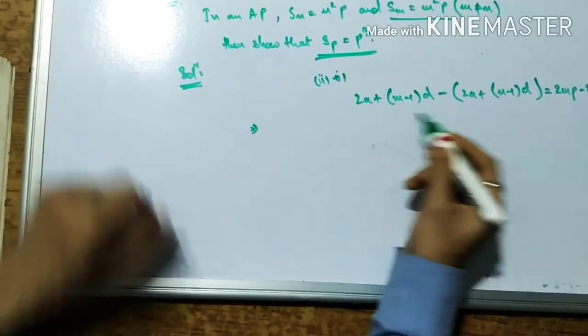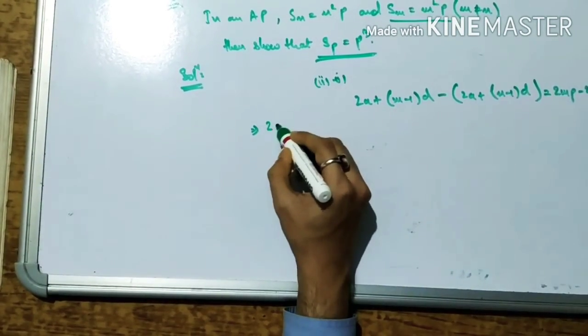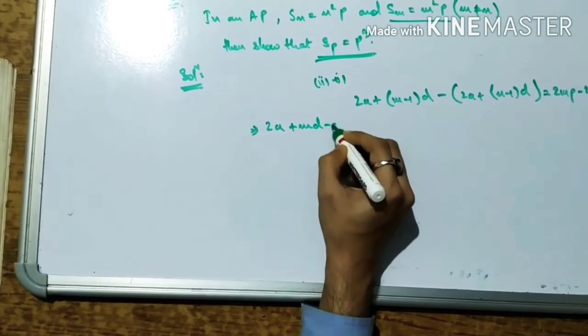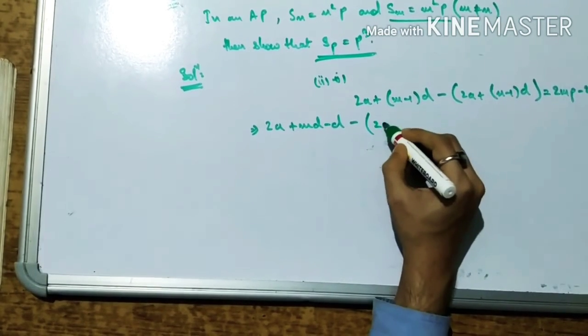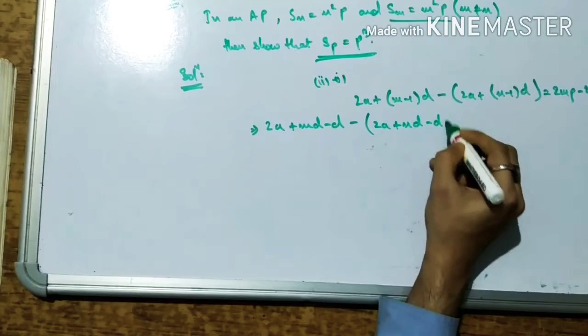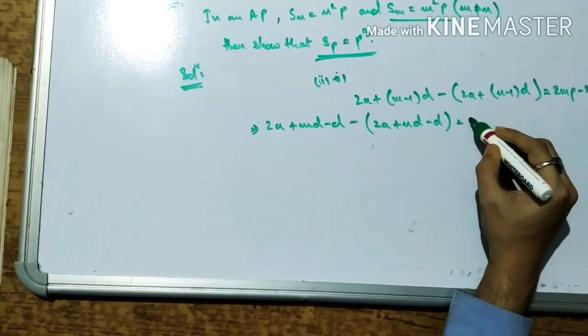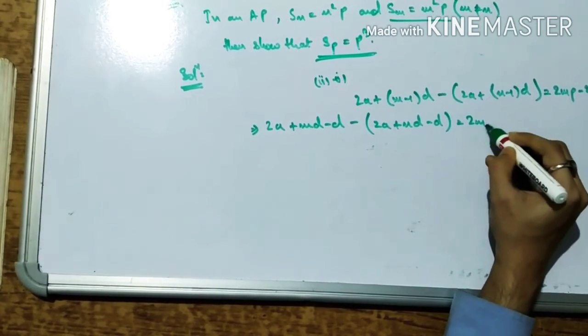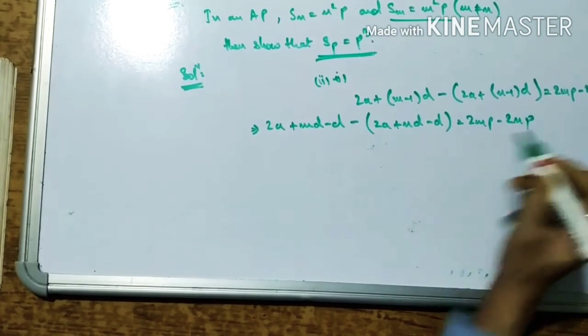So now you see this one, if I solve it, I will get 2a plus md minus d minus bracket start 2a plus nd minus d is equal to 2mp minus 2np.